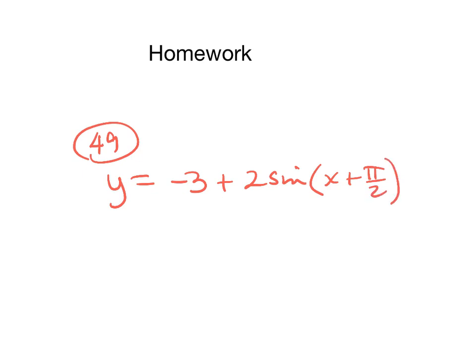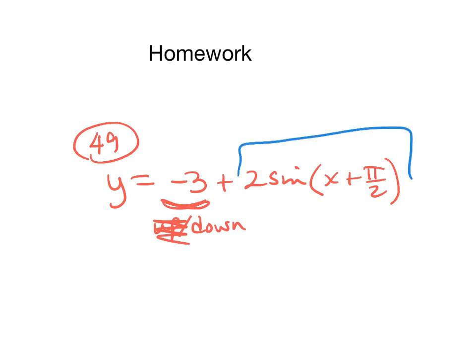So when we did this yesterday, this is a shift up and down when there's something being added or subtracted. So because this is a -3, after you do this, I recommend that you graph this. This is what we did today. Do this first, and then take all of your 8 points or 9 points and then shift them all 3 units down.